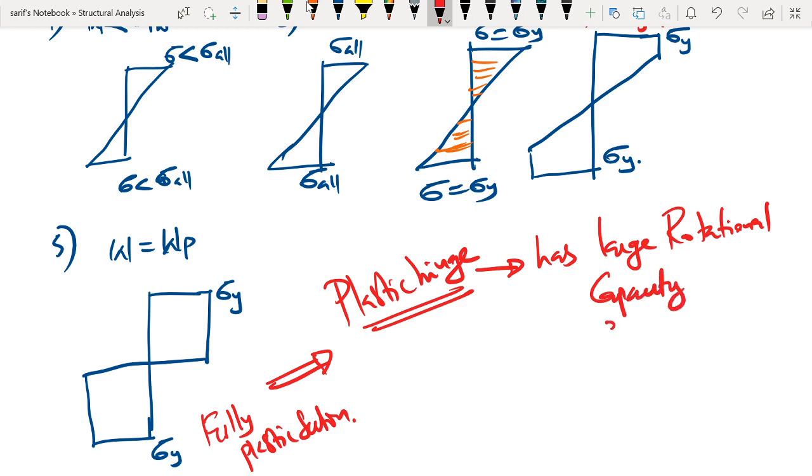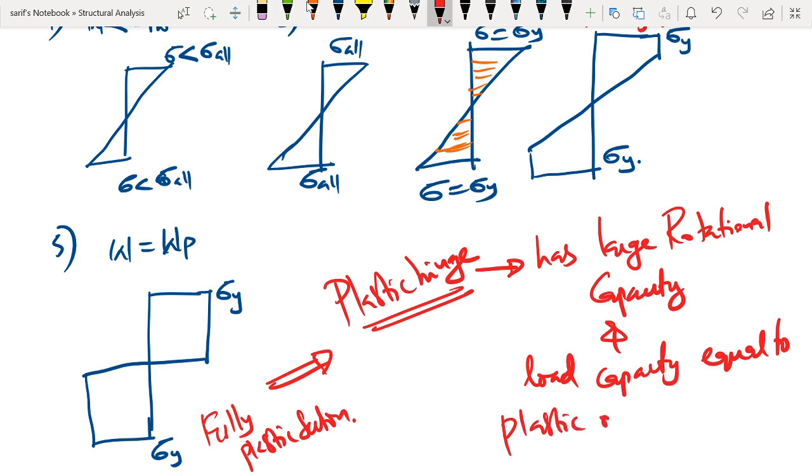At the same time, it has a load carrying capacity equal to the plastic moment capacity. So this kind of a situation is known as a plastic hinge.